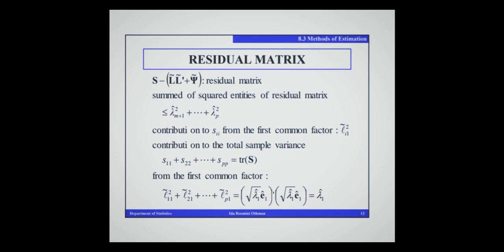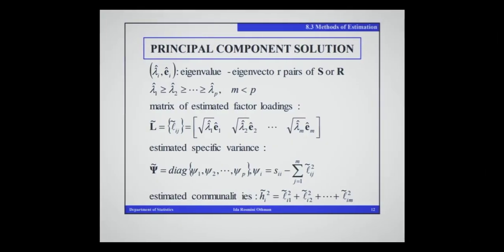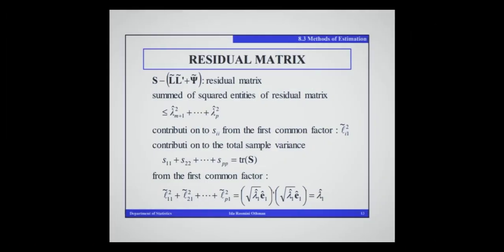Okay, and then you should also know that when you add all the L square tadi nak cari commonalities, L i1 square plus L i2 square sehingga L im square, untuk nak cari h i untuk setiap variable.